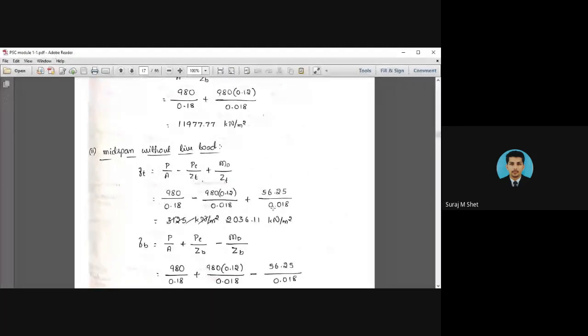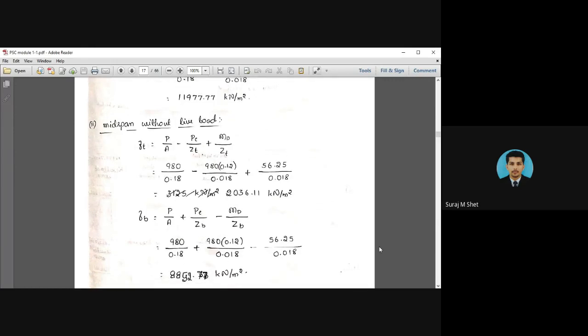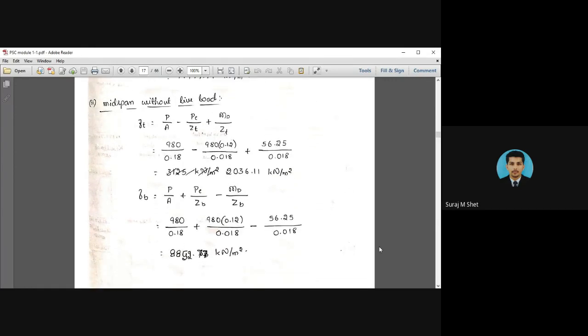This formula is used to calculate the top fiber, and the bottom fiber is also the same. Here the sign conversion, the sign will be positive, and dead load and live load will be reversed. Here top dead load is positive, bottom dead load is negative. Just substitute the values and calculate the top and bottom extreme fiber stress value.